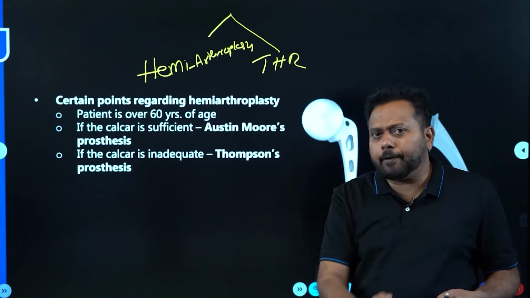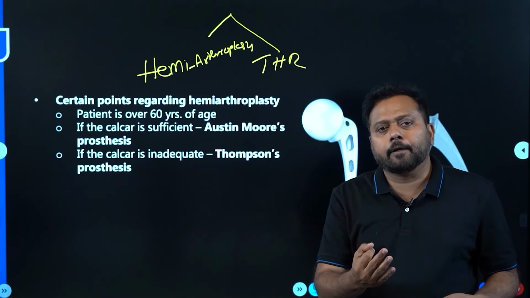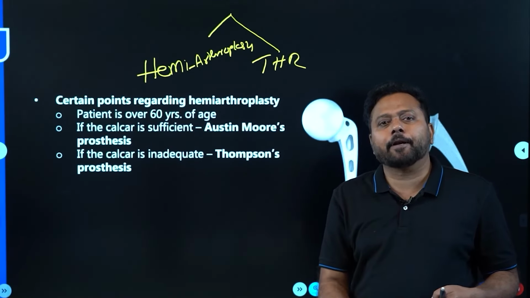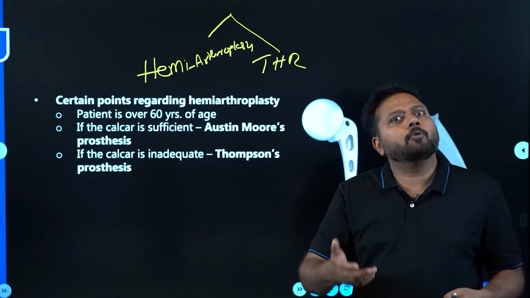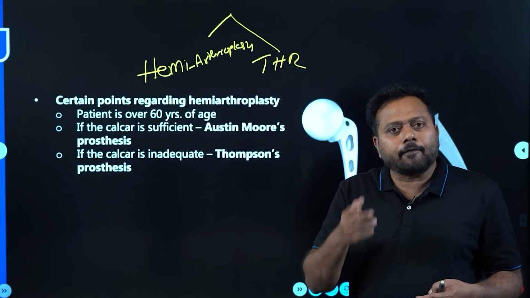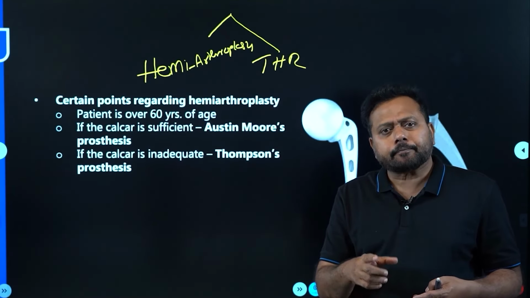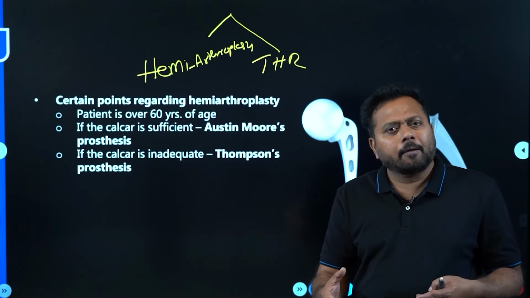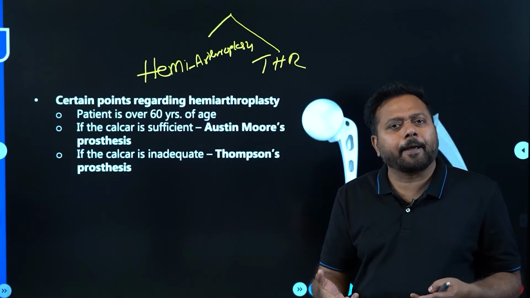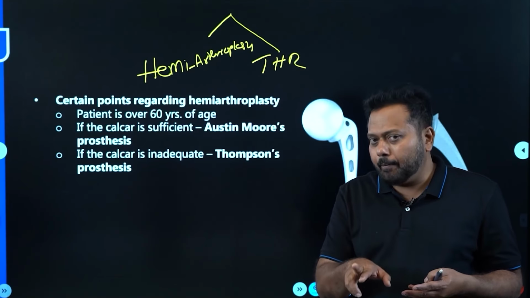It should be pain-free and the patient should be moving. That is the essence of orthopedics: mobility is life. The patient should move comfortably without pain. So if the acetabulum is damaged and you change the head and neck alone, the patient can walk, but he will limp because of pain. So you have to replace the acetabulum also.